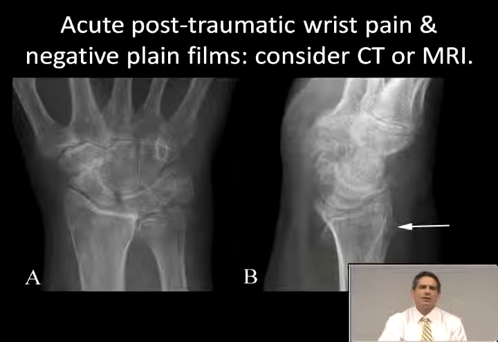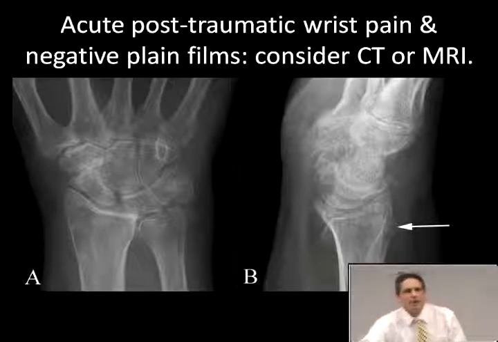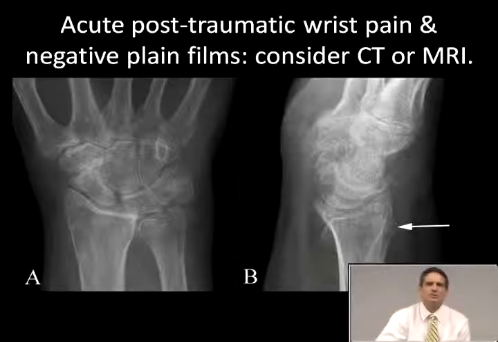So here we have a 79-year-old woman who had pain after trauma. She had rheumatoid arthritis, and the plain films show chronic changes secondary to rheumatoid arthritis, but really don't show you an obvious fracture on the frontal. On the lateral, you get the feeling there's a possible interruption of the distal radial cortex there.